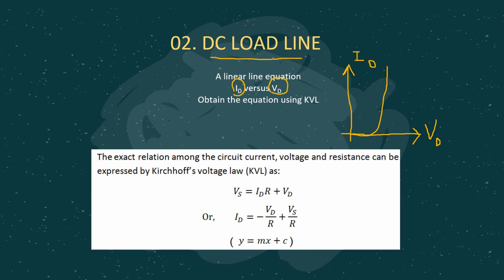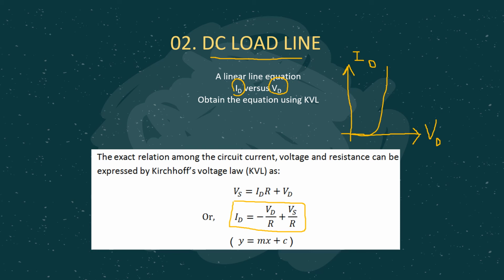As we can see from this KVL equation for a basic diode circuit, the supply voltage VS or VPS is given by IDR plus VD. Remember the basic KVL equation. If we rearrange this equation, we get it in this form, which is the form of the load line equation, because as we can see from the graph, it is ID versus VD.